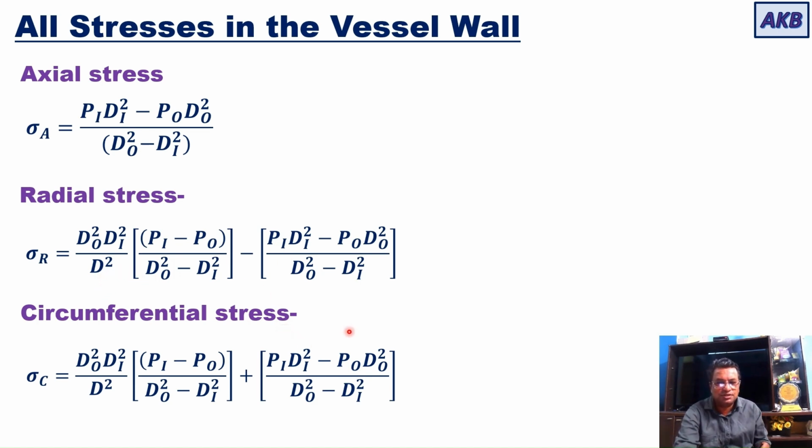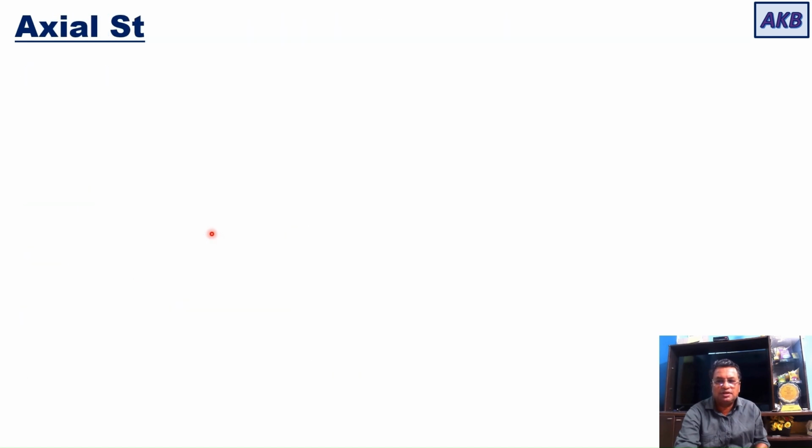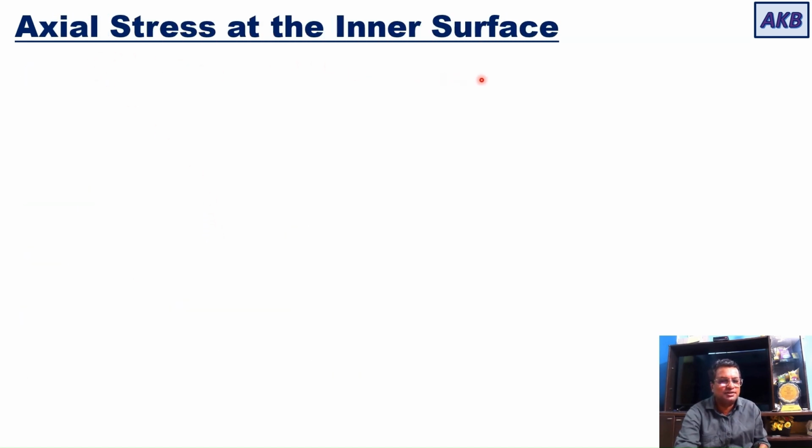Okay, so with these equations, now let us see how they will change with the vessel wall thickness. To start with, we will look at axial stress at the inner surface. By inner surface, let me tell you what I mean. If you are looking at the vessel from the top, you have the internal diameter, and then you have the outer diameter.